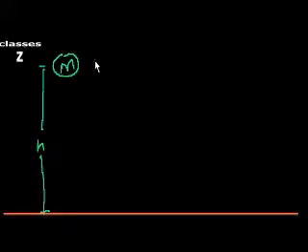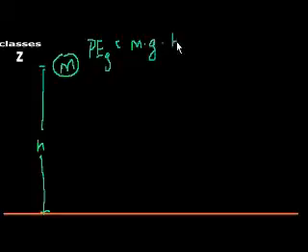We learned that if we have some mass m up here, and the gravitational acceleration at this area is g, or 9.8 meters per second squared, and it is h meters above the ground, then the gravitational potential energy of this object at that point is equal to the mass times the acceleration of gravity times the height.